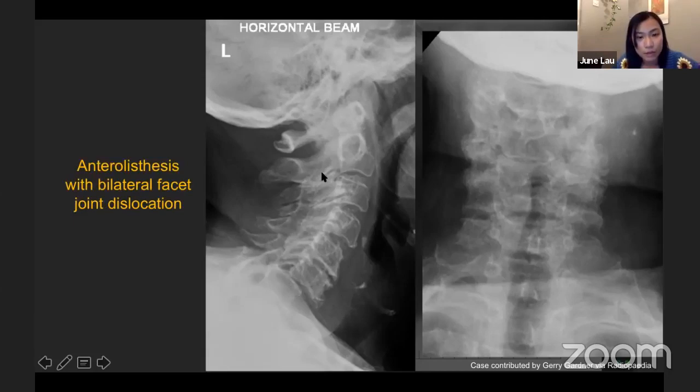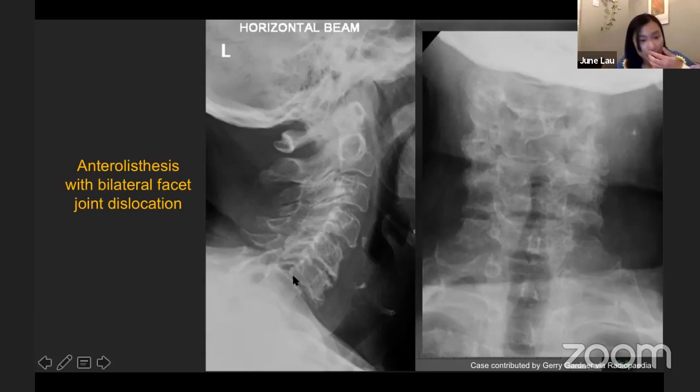And if you look at your facet joints as well, you go, yeah, this is congruent, congruent, congruent. Then you come to the C6 facet joint, and it's not easy to see, but you can't see that same sort of alignment with C7. And basically what has happened is that to get this degree of anterolisthesis, of one vertebra moving on top of another, you need to have facet joint dislocations.